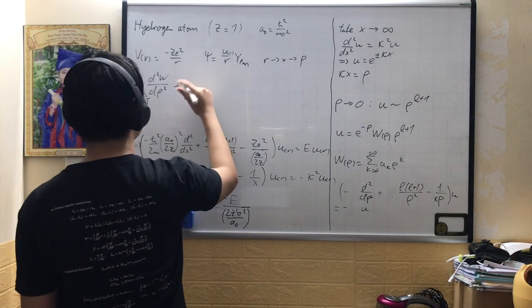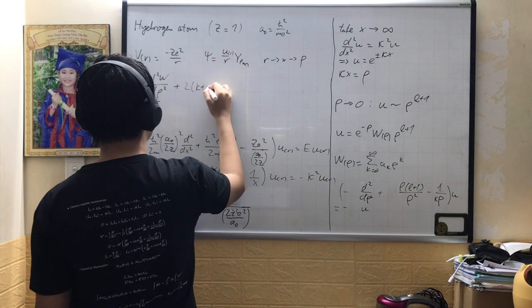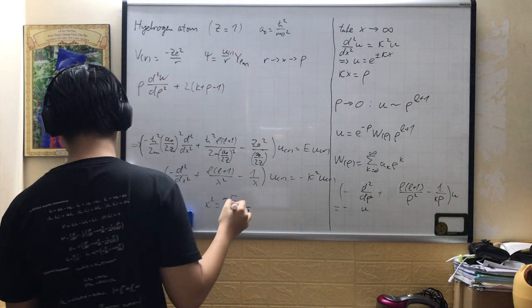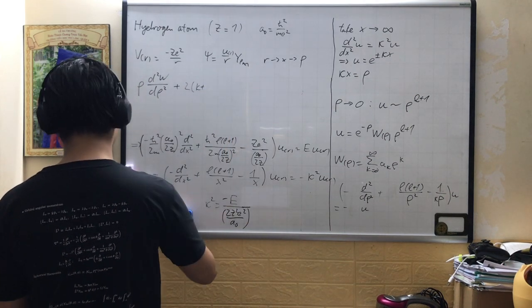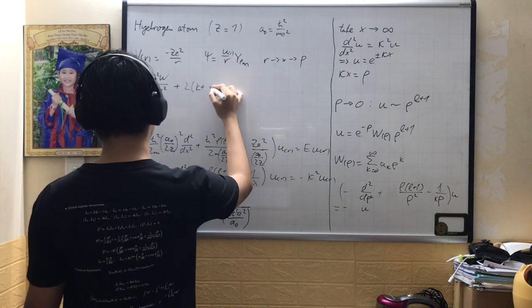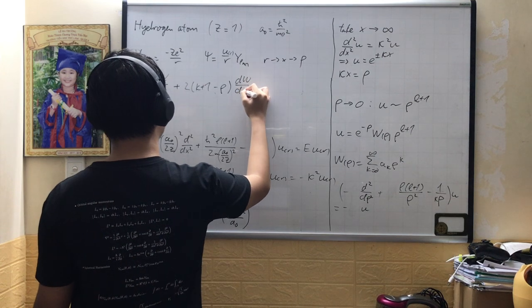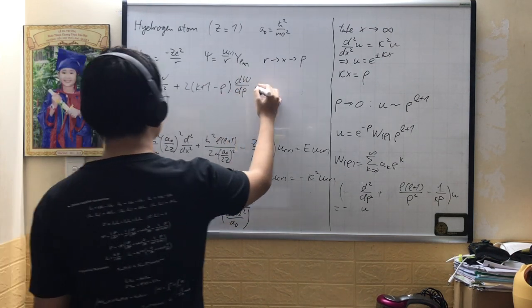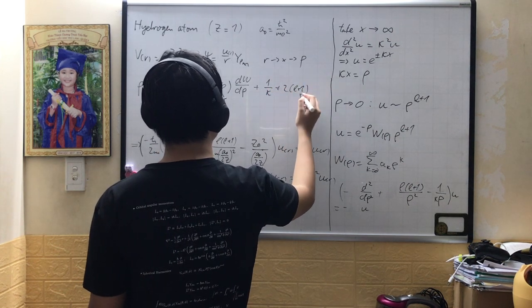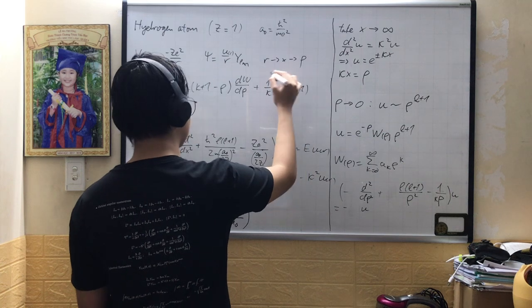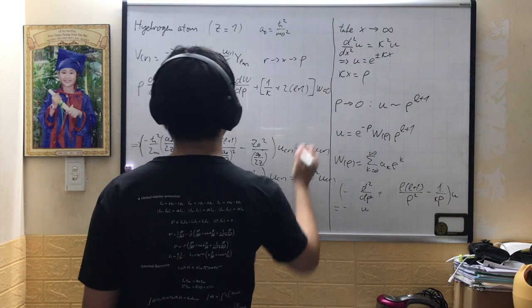This is 2(k plus 1) minus rho, dw d rho. Last part is 1 over kappa minus L minus 1, all on w equals to 0.